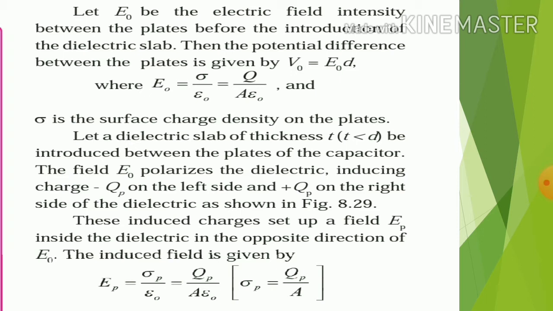Then we know that E0 equal to sigma upon epsilon 0. Then we know the value of sigma in terms of charge and area, the surface charge density, sigma equal to Q upon A.